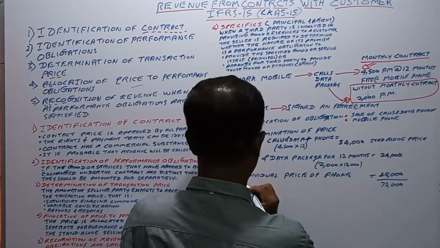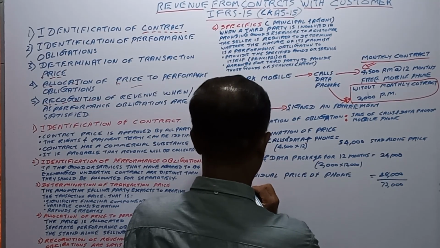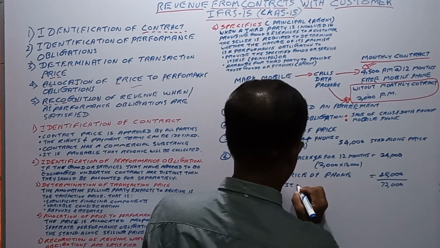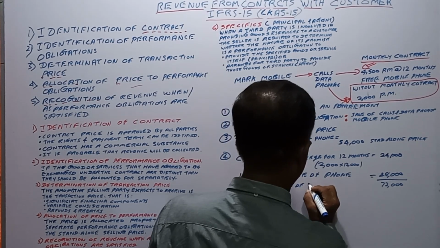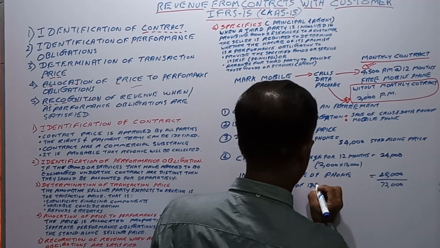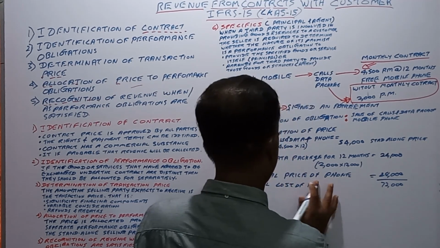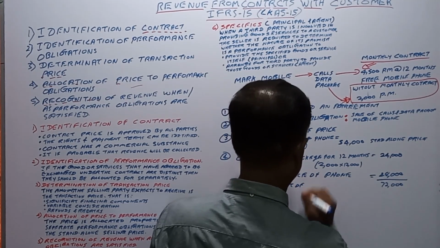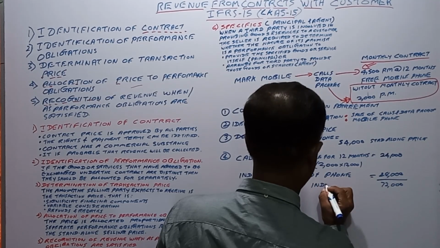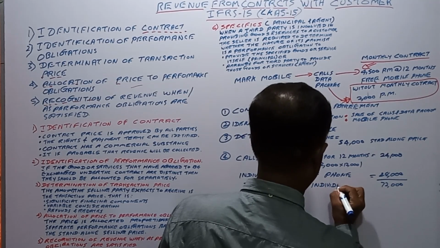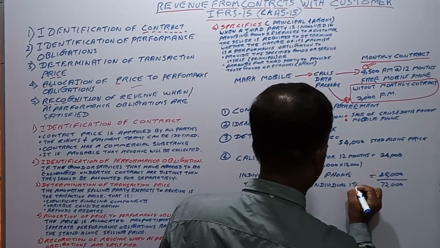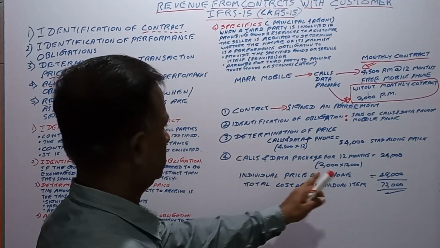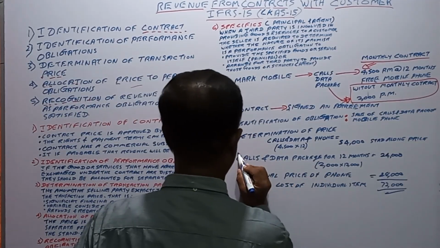Total cost of individual items. This is the individual cost, right?